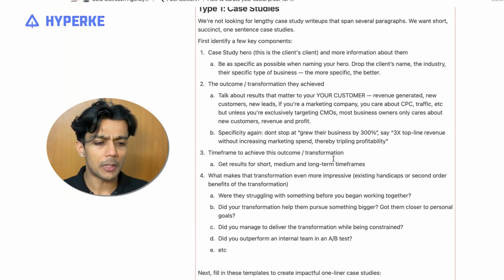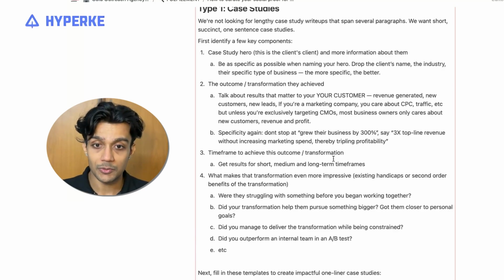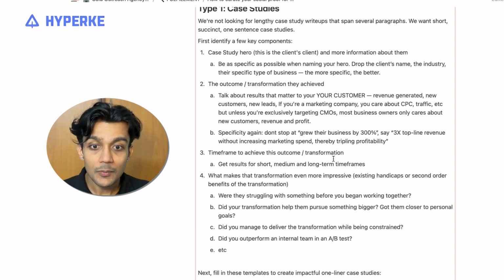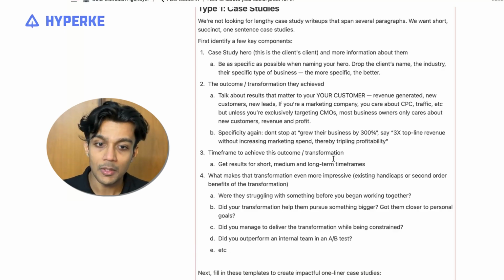For example, if you're a marketing company, you might want to talk about the amount of traffic you drove to someone's website or the number of unique visitors or their ranking on Google. But the business that you're working with, in most cases, really only cares about how your marketing impacted their bottom line. So most business owners only care about the bottom line, about how much money you made them, how much time you saved them, or how you revolutionized their business.